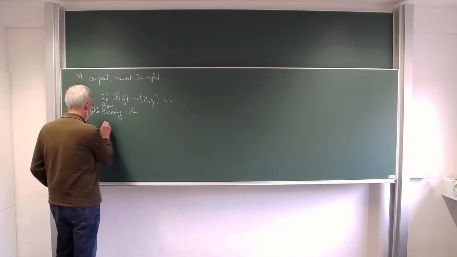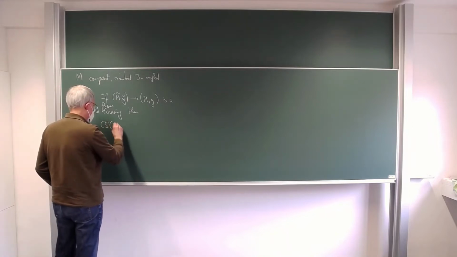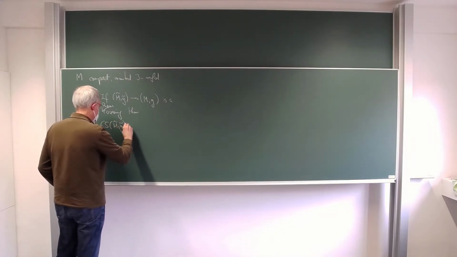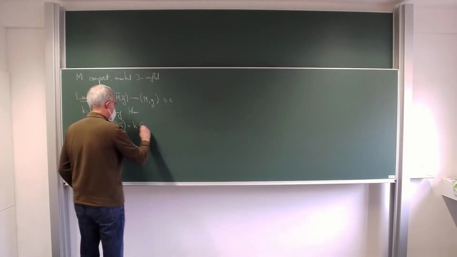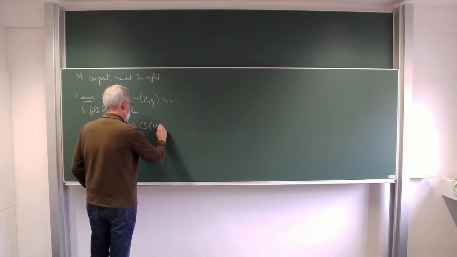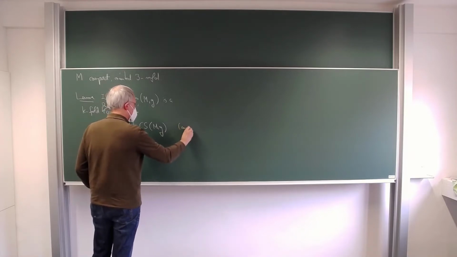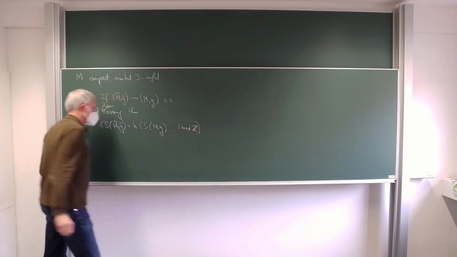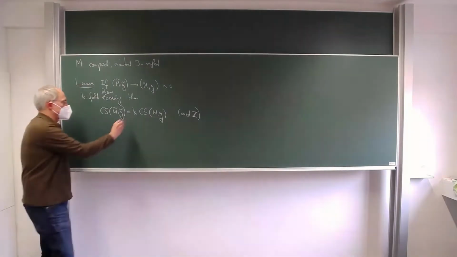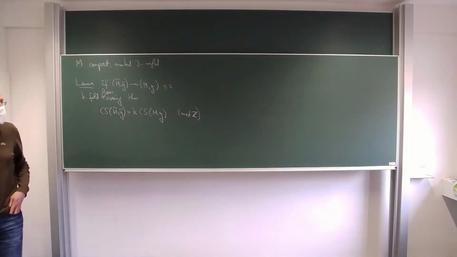So the Chern-Simons invariant of the covering space is k times the Chern-Simons invariant of the original manifold. Of course, always take this modulo Z, right? So this is an invariant in R modulo Z.